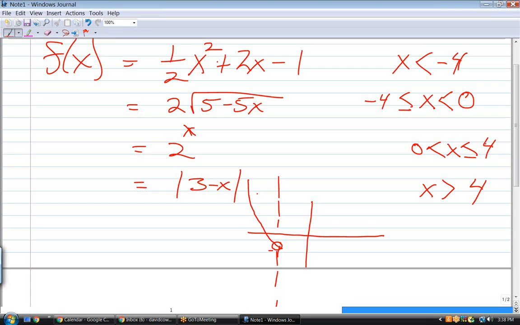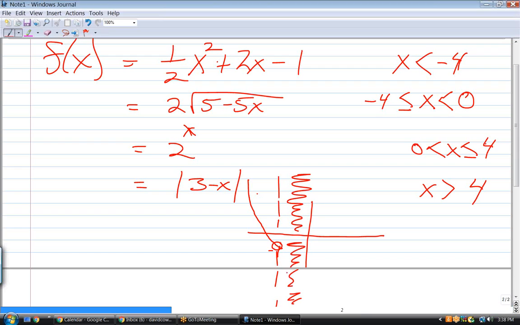After we're done with this problem, I think you'll understand why I don't care too much about what these other points are. So the next area that we're going to plot is in this region. And that looks like a square root function. Let's figure out where the square root function starts and where it ends.